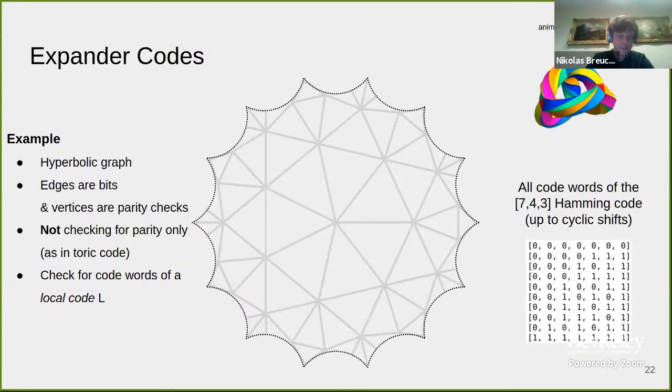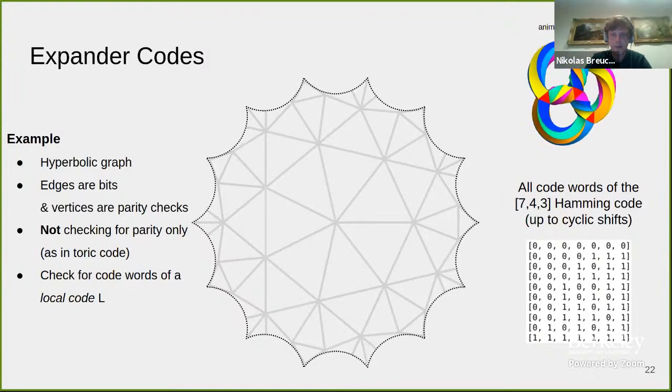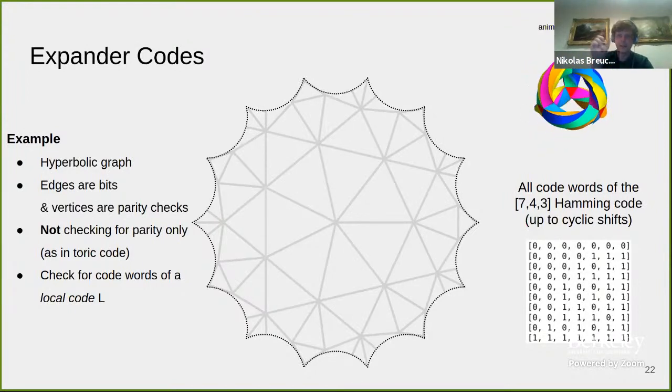But what I want to do is constrain the edges around a vertex to become code words of a local code. And in my example, I will consider the [7,4,3] Hamming code. So you can see on the lower right-hand side all code words up to cyclic permutations of the Hamming code, because this is a cyclic code.